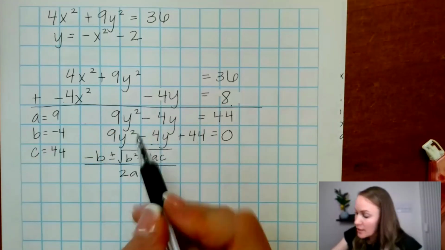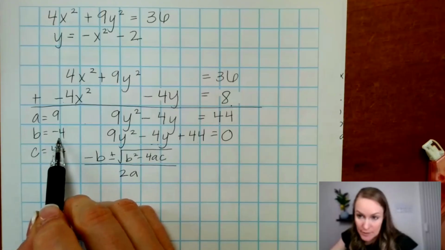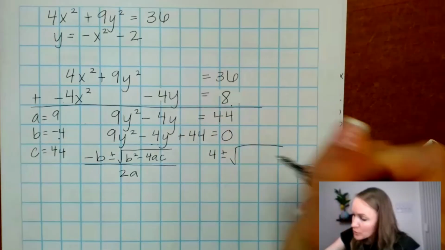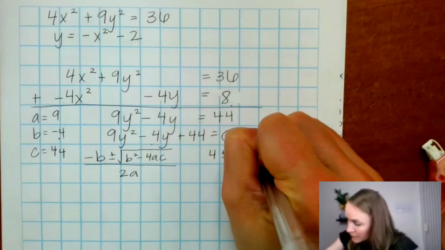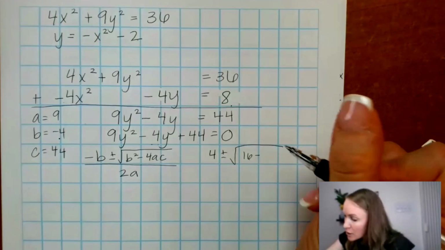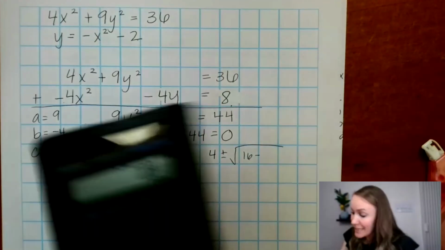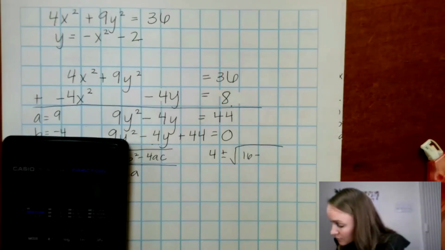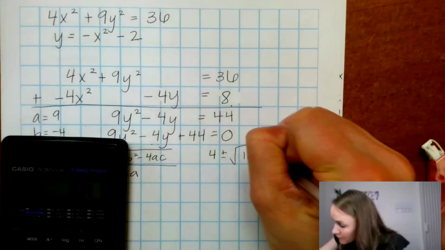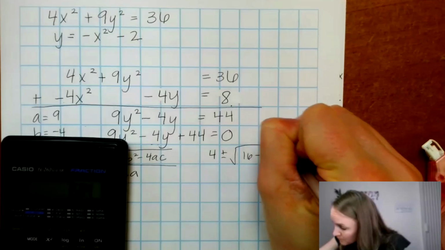Let's plug everything in. Opposite of B, which is positive 4, plus and minus B squared, which is 16, minus 4 times A. 4 times 9 is 36. 36 times 44, I'm going to pull out my calculator to do that. 36 times 44 is 1,584.